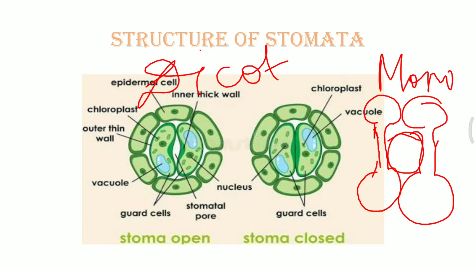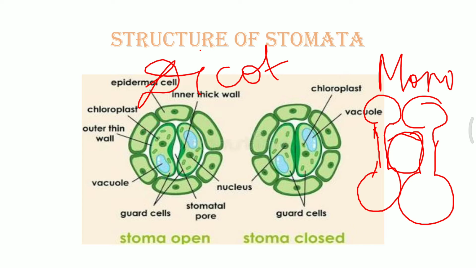Because of the thicker inner area of the guard cell, they are capable of swelling up and making the pore evident, whereas at times when there is less pressure or the cells are not turgid, we see that there is less stomatal pore or closed stoma is present. Okay, now there is a difference between a closed stoma and an open stoma. In the open stoma, there is exchange of gases and the pore is present. The stomatal aperture is seen, whereas in case of closed stoma, there will be no presence of stomatal pore.